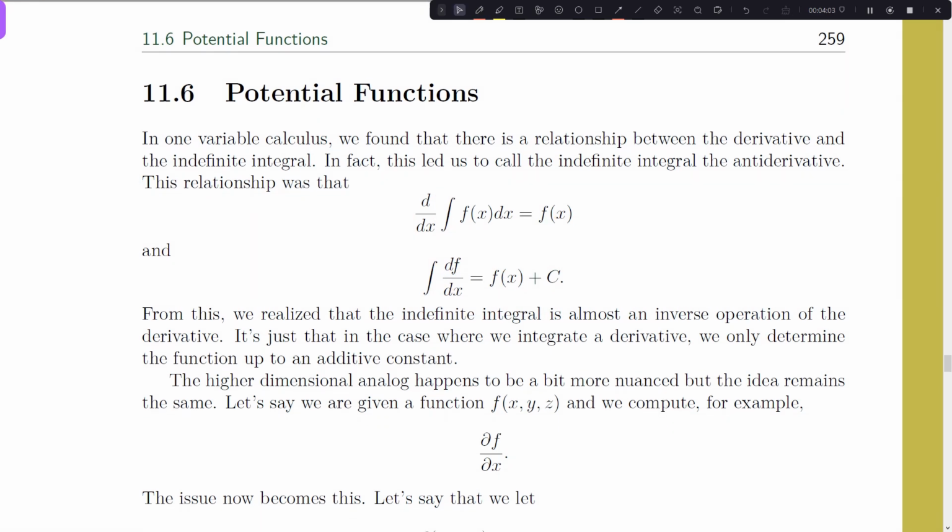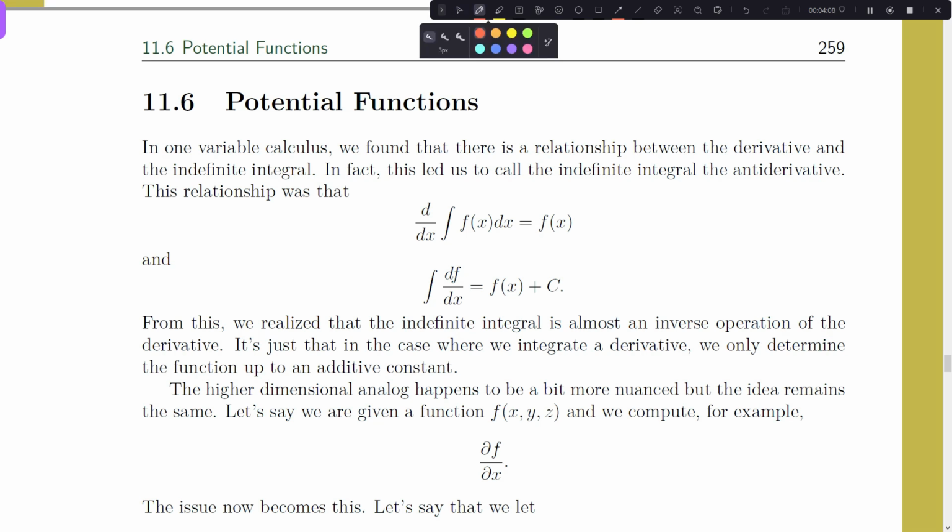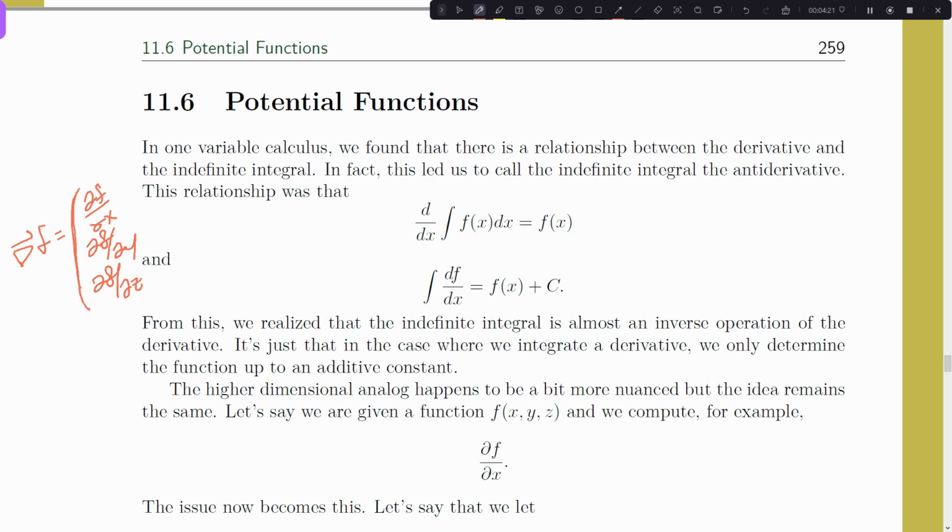So we're headed towards getting rid of this gradient of f: partial f partial x, partial f partial y, partial f partial z. Somehow from this vector, we want to recover f. Somehow from those three partial derivatives, we want to recover the original function f.